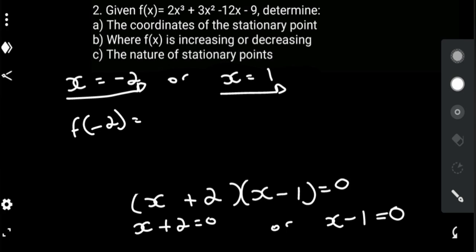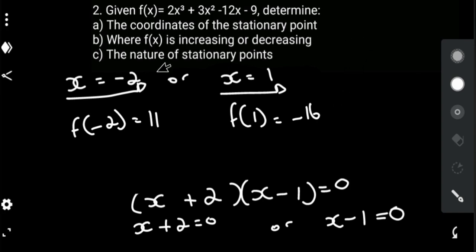So we're gonna get 11, and f of 1, we're gonna get, let me punch this on my calculator, so you're gonna get -16.